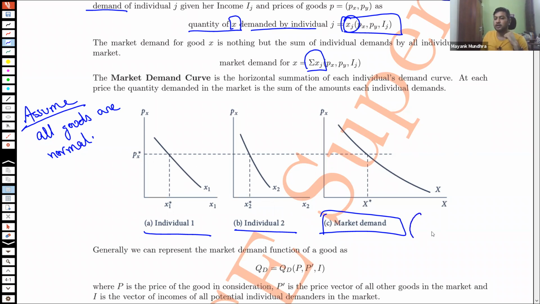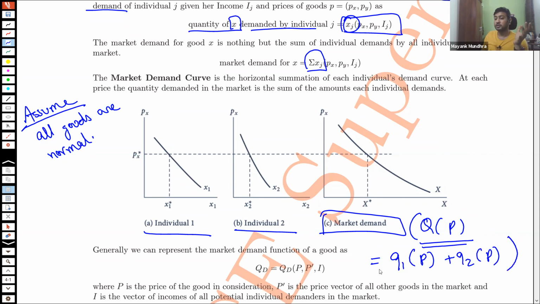Now market demand is basically total quantity as a function of price. So for any given level of price, what is the total quantity being demanded? So this equals Q1 as a function of price plus Q2 as a function of price. Total quantity demanded is nothing but quantity demanded by person one plus quantity demanded by person two.